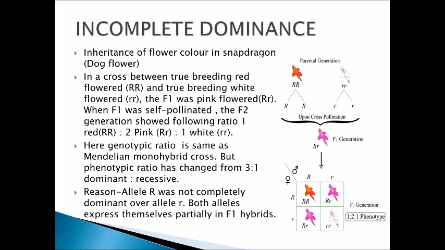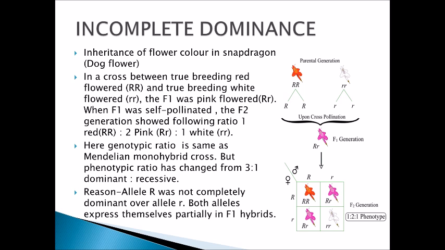So here in the F2 generation, we are getting the ratio 1:2:1, not 3:1 as we got in the first monohybrid cross where we studied tallness and dwarfness.